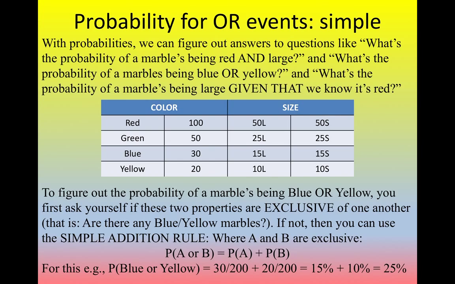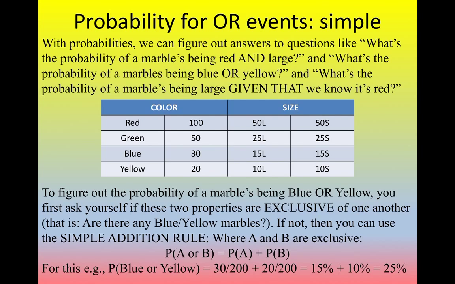And it can be true when both A and B together happens. So there's 3 different ways that an or statement can be true. But in this particular case of the simple addition rule, we're essentially eliminating the third possible case of an or statement being true, that is, where A and B happen together.